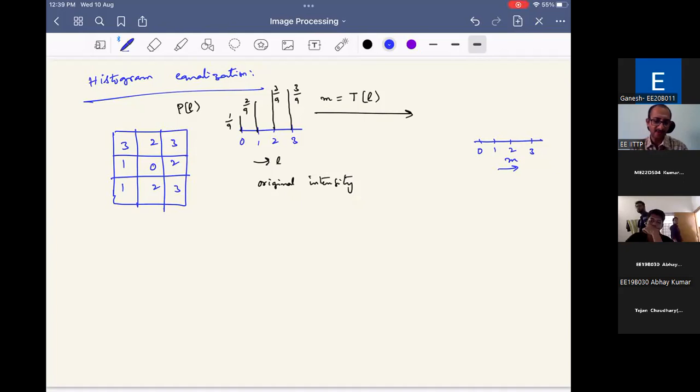If this distribution is still not uniform, we would like to bring this distribution, P of M now, close to a uniform distribution. What do we mean by uniform distribution? They are spread across all gray levels. They are not concentrated in only a few gray levels. That's what we mean by uniform.